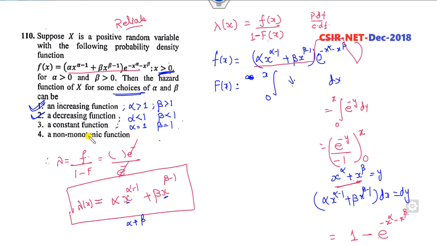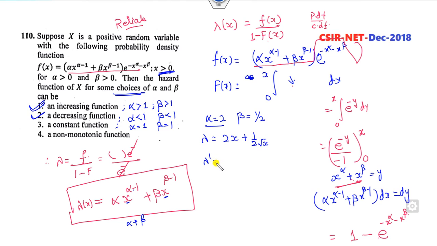What is non-monotonic? Non-monotonic means it can either increase or decrease. That's very simple. If I take alpha as 2 and beta as a number less than 1, say half, then the function is 2x plus beta, half of this.